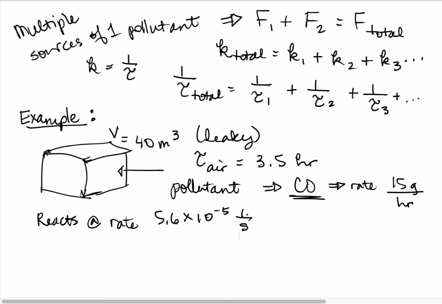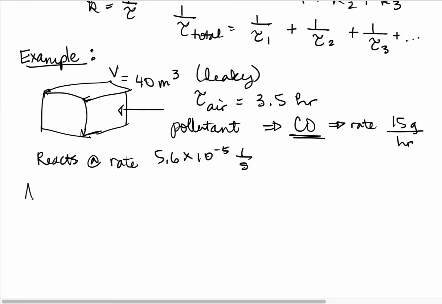So what might we ask is, what is the concentration of the carbon monoxide in the garage over time as we allow this lawnmower or car to be running so that we reach a steady state? So at steady state, what is the concentration of the carbon monoxide?